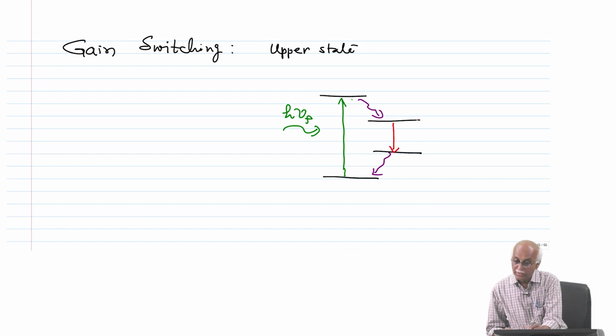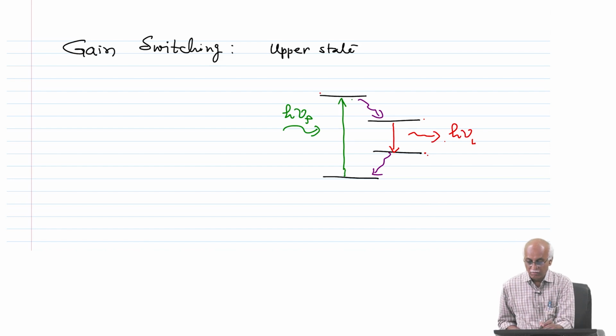So, this is the upper level for lasing, and this is the lower level. This is the ground level, of course, and this is the pump level. What we achieve is amplification at this wavelength.